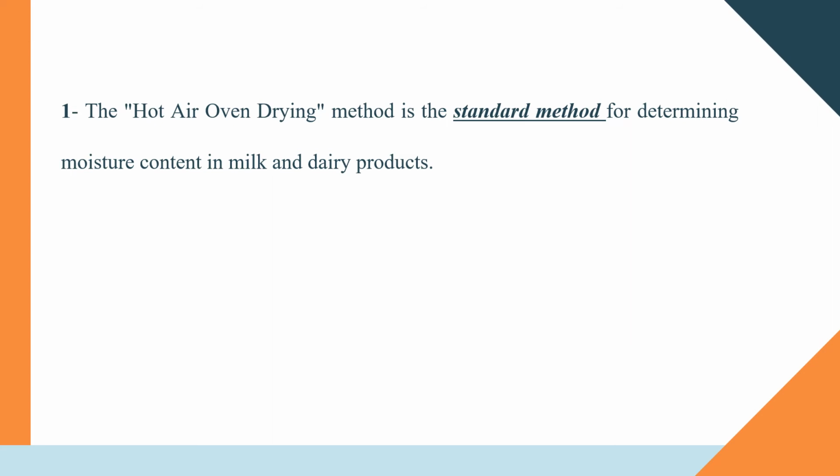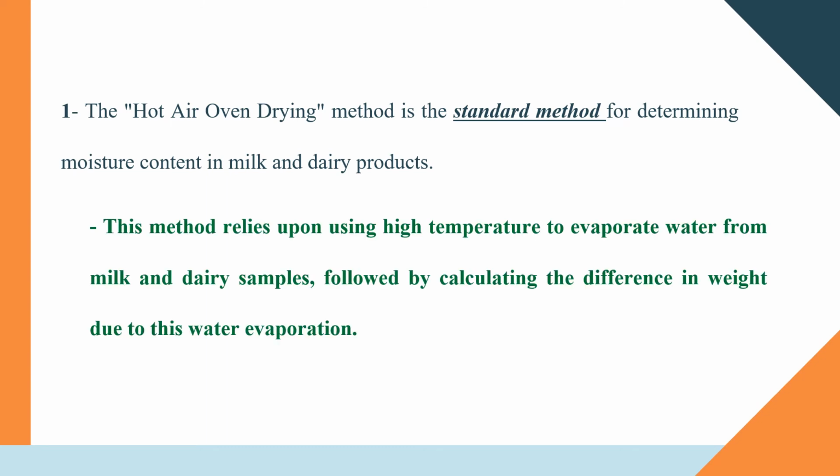The technical principle in this method is to evaporate water in milk or dairy sample using high heat. Then you need to calculate the difference due to this water evaporation. This difference will be the moisture content.